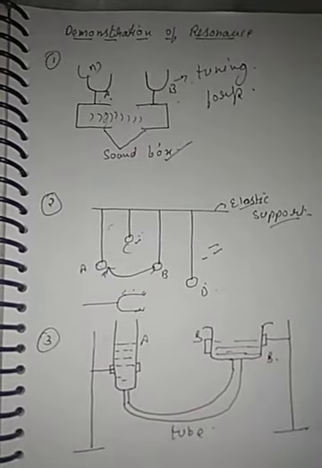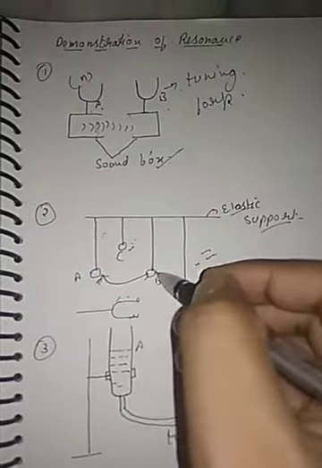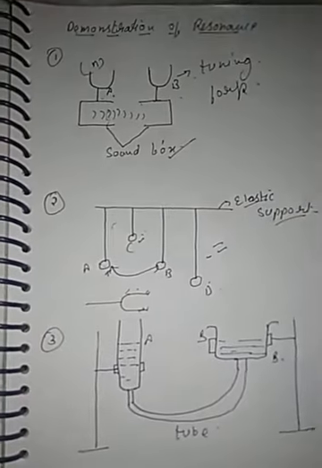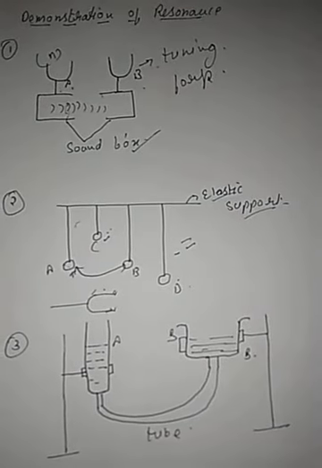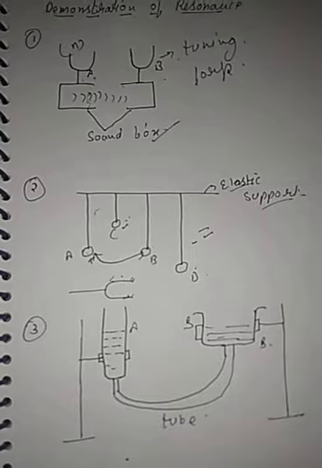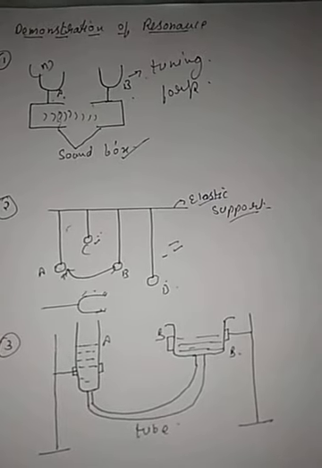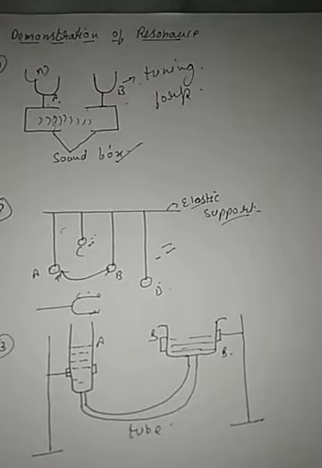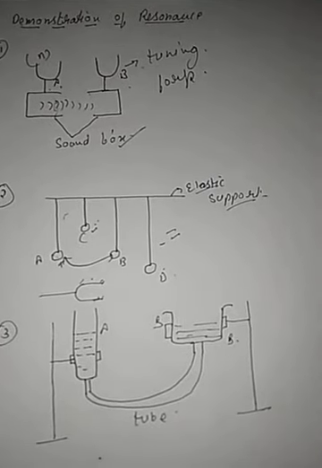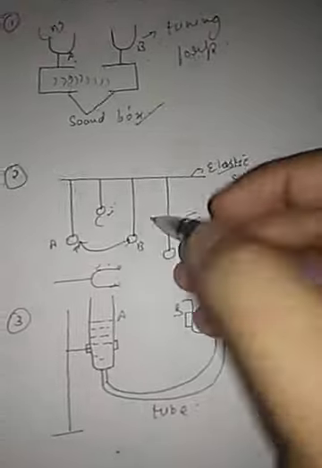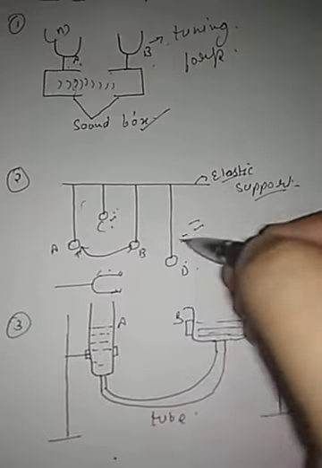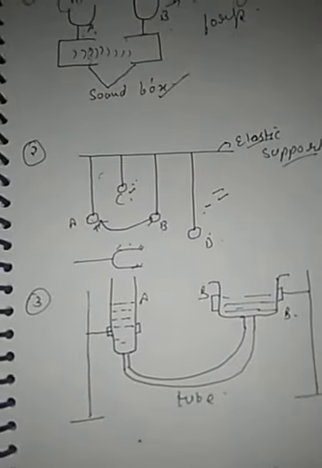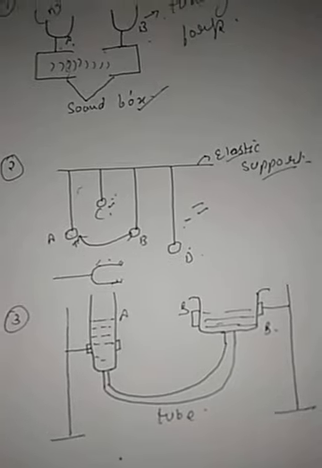It does not match the frequency of A, whereas A and B are of the same length and same frequency, so they go into the resonance condition. Clear? A and B go into the resonance condition. C and D also vibrate, but the amplitude is different because of different frequency. Clear? Now, the next one.